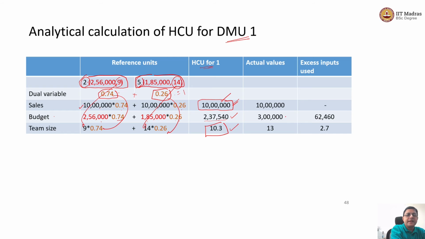Currently, DMU1 is spending 3 lakhs and has a team size of 13, and using these two inputs, it is able to generate an output of 10 lakhs. So what is our recommendation for DMU1? Our recommendation for DMU1 is to bring down the budget by about 62,000 and reduce the team size by about 2.7, and then it will become efficient.